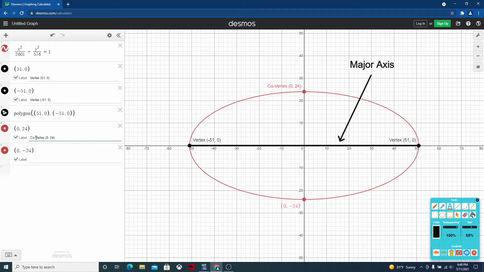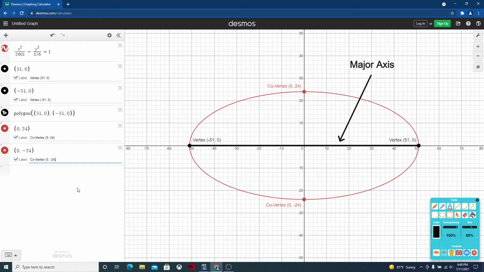So there is our co-vertex, 0, 24. Okay, and then our other one we're going to call a co-vertex also. And it is 0, -24.